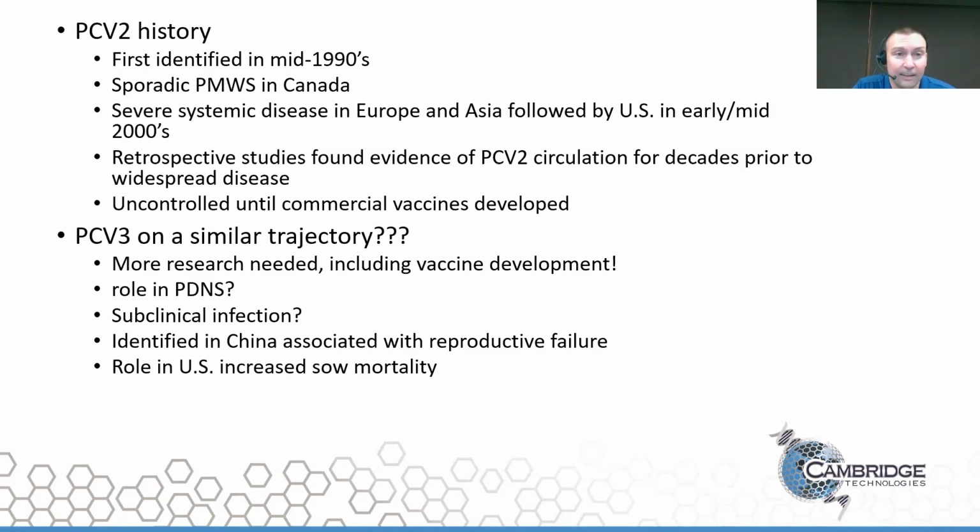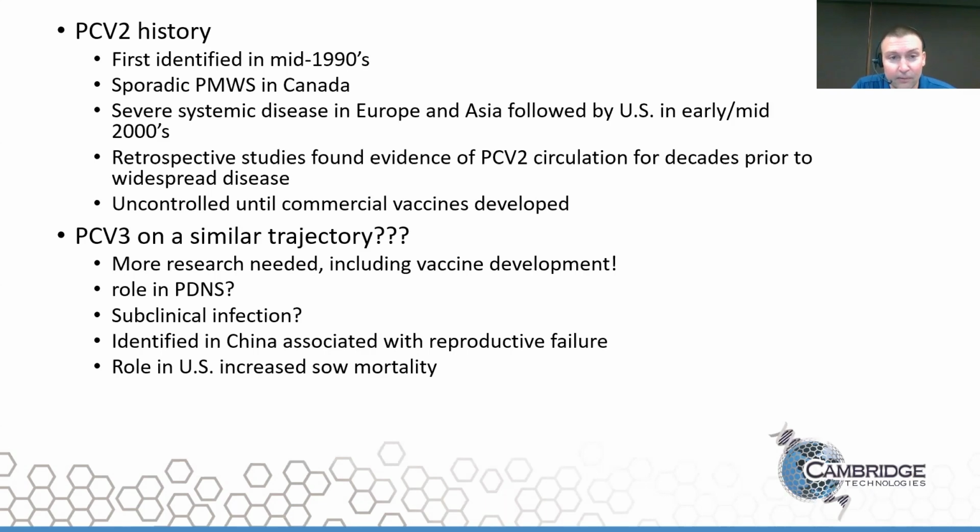When I started in this industry in the mid 2000s, it was at the peak of the PCV2 PMWS epidemic, when millions and millions of pigs were dying. It really wasn't until the effective commercial vaccines in 2005, 2006 that we got a handle on this virus. So again, I always think, let's look back to history, what's happened in the past, to help guide us on what we should do in the future.